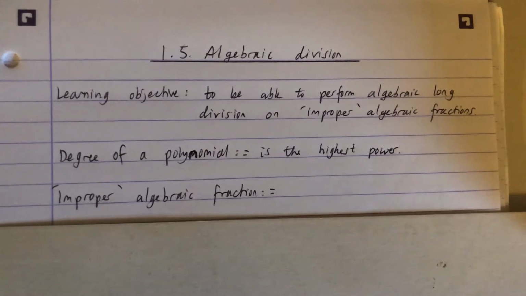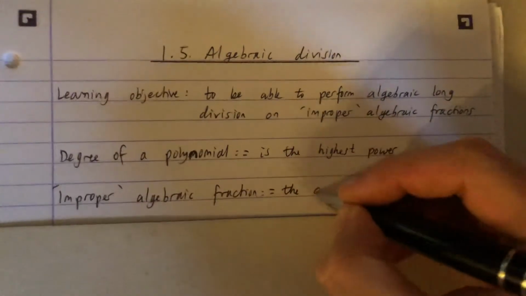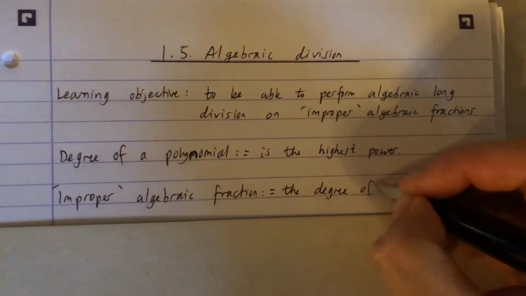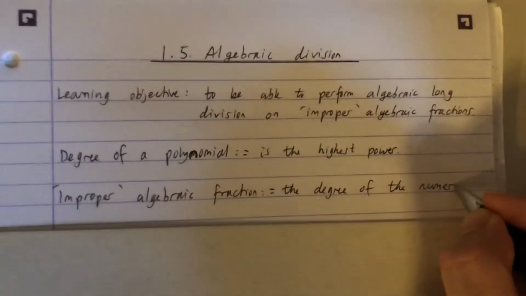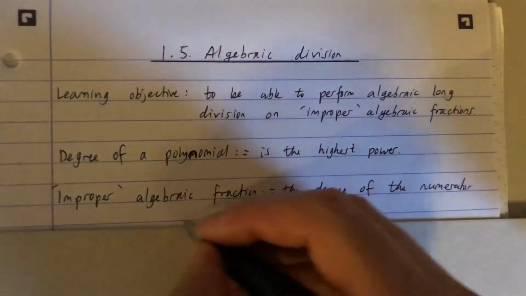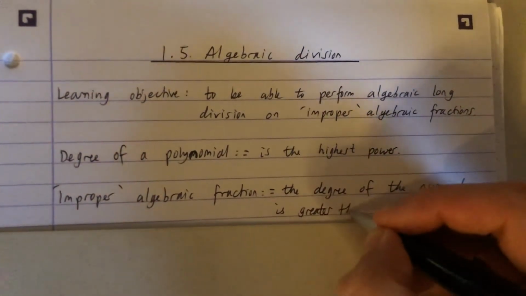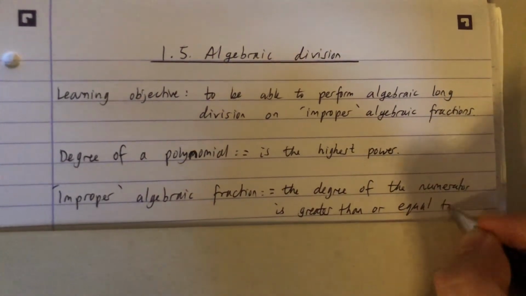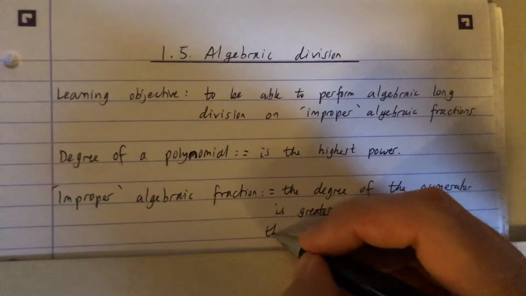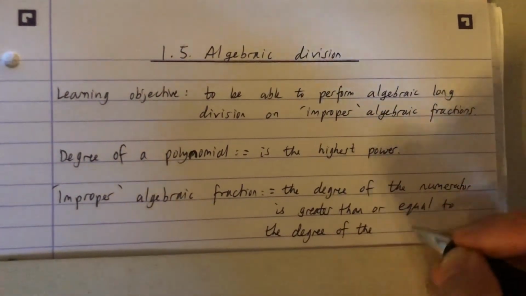And an improper algebraic fraction has the degree of the numerator greater than or equal to the degree of the denominator.